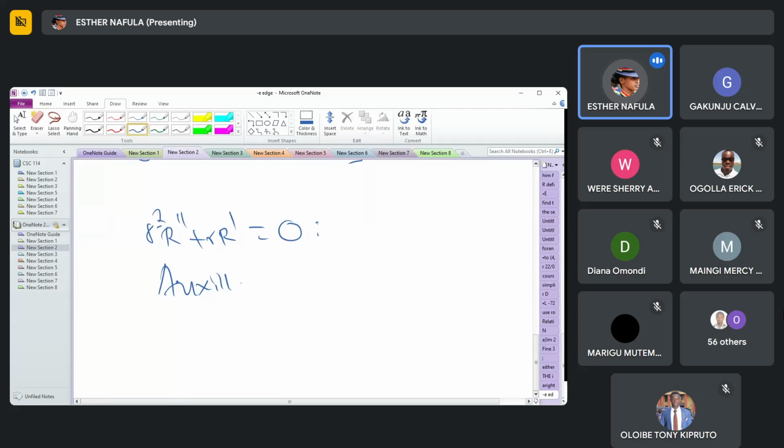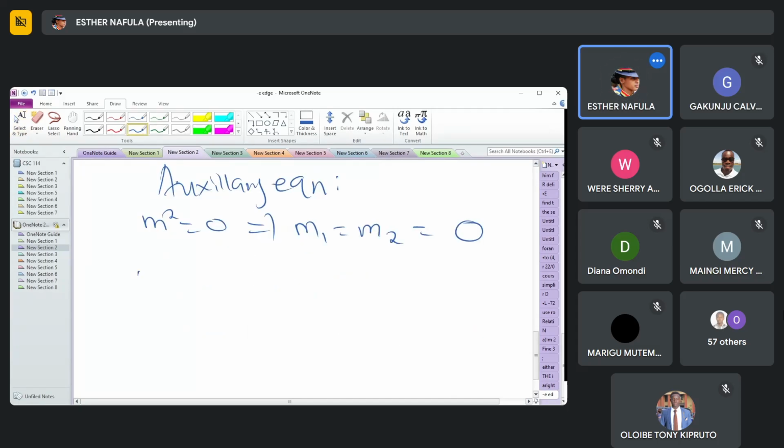The auxiliary equation is m squared equals 0. m1 is equal to m2 is equal to 0. It's a case of repeated roots, right? When m squared is equal to 0, you can only have the value m equals 0. No other way out. Repeated roots.